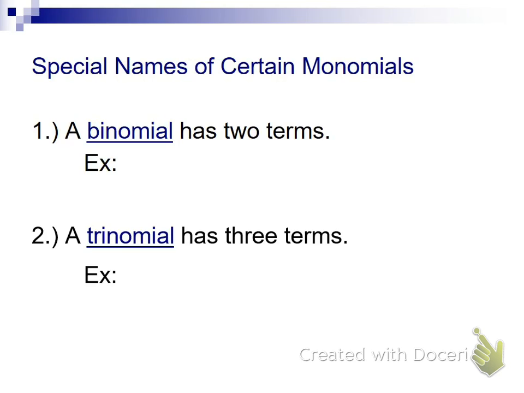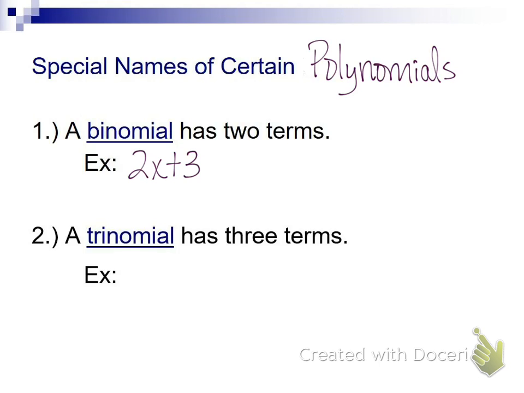Special names for certain polynomials. I shouldn't say monomials. These are polynomials, because we have more than one term. A binomial has 2 terms. So on that last slide, the first one only had 2 terms. 2x plus 3 is considered a binomial.